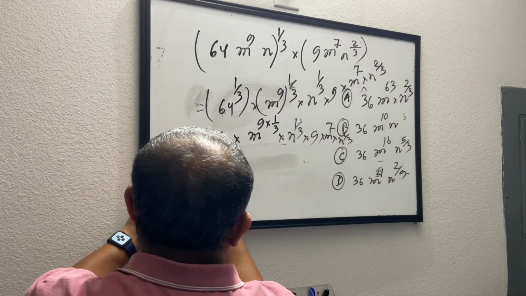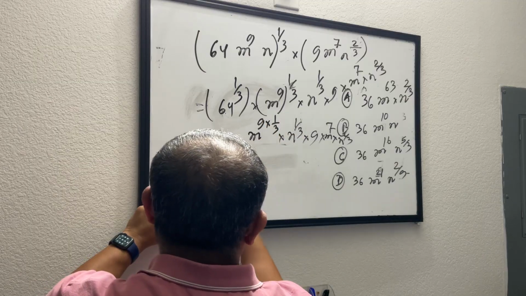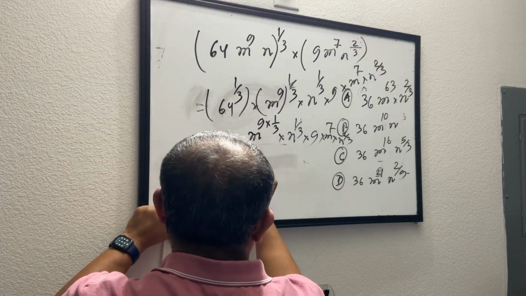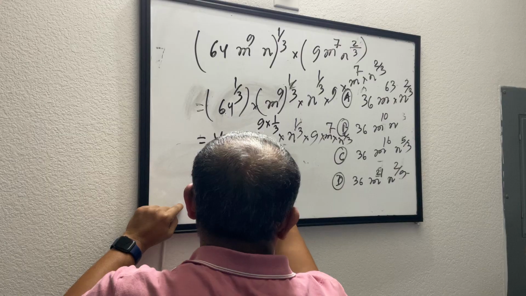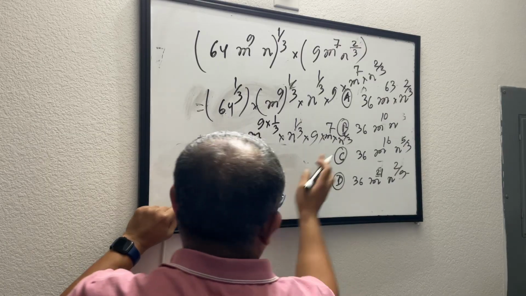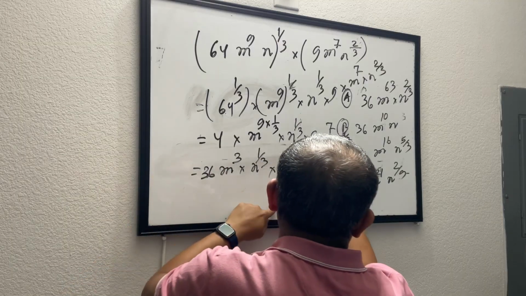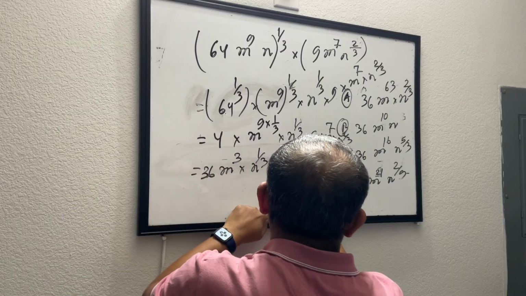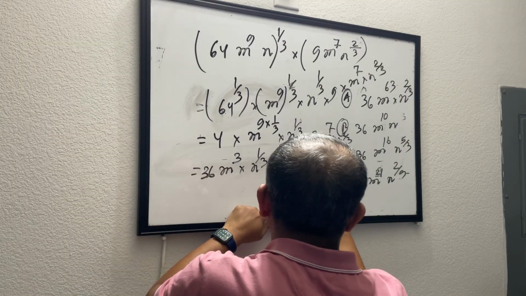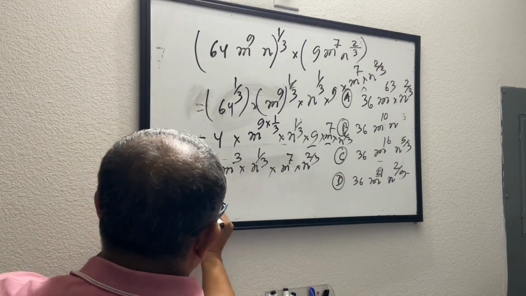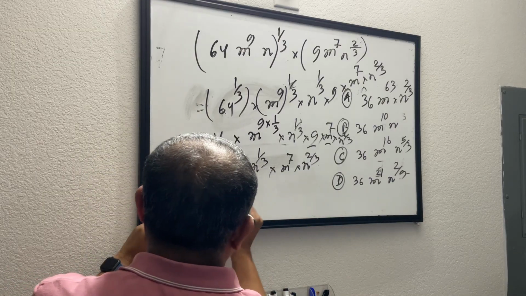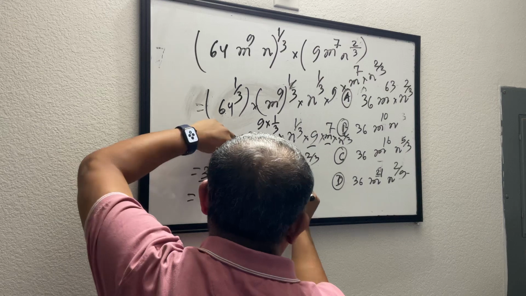So this becomes 4, m to the power 9 to 1/3 becomes m to the power 9/3, that is 3, into n to the power 1/3 into 9. So 4 into 9 becomes 36. I am putting 36 here. And then m to the power 7 into n to the power 2/3. What you will do is 36 remains 36, m to the power 3 and m to the power 7.